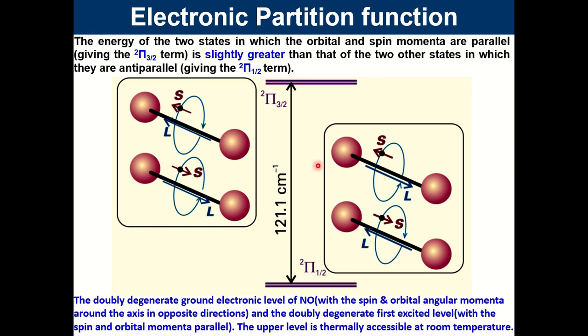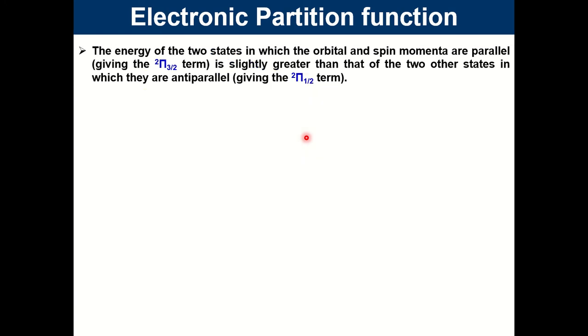The gap is small, and simply keeping the molecule at room temperature will excite it from the ground state to the excited state, because kT is much higher compared to this energy gap. So both energy levels will be populated, and the partition function will be greater than 1.